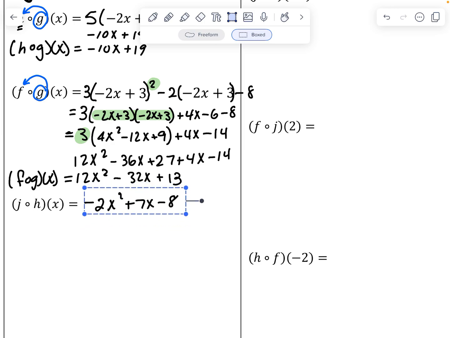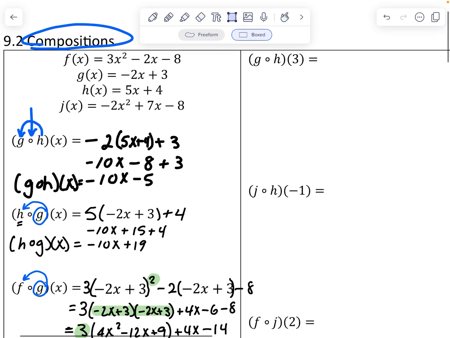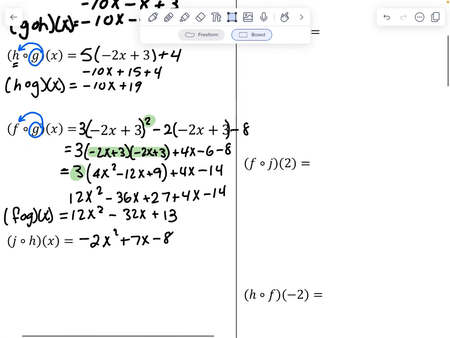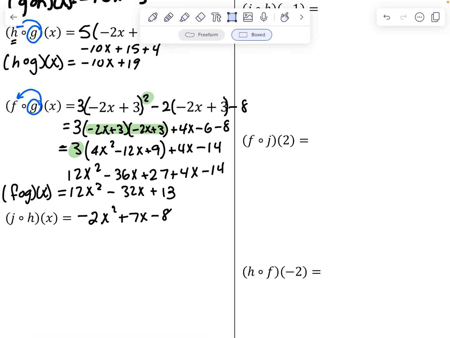So now I'm going to substitute h into j. So I need to see what h is. Let me go up and find h. h is 5x plus 4. So I'm going to take 5x plus 4, which is h, and I'm going to put it in wherever I have an x. So I'm going to pull this x out, and I'm going to replace it with 5x plus 4.